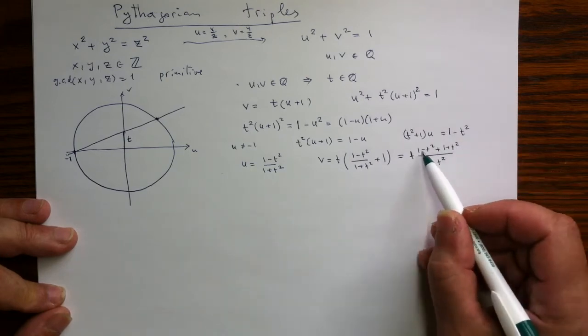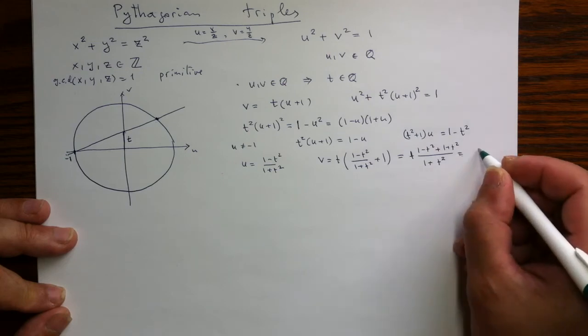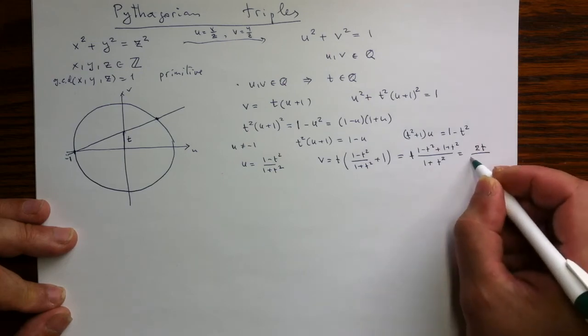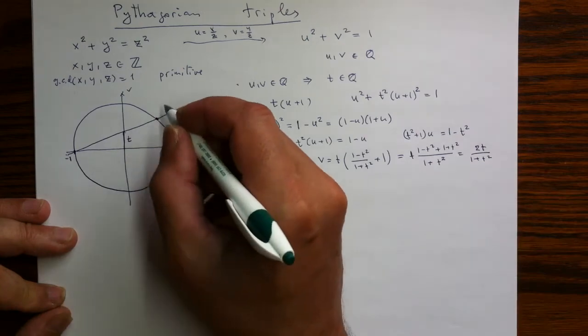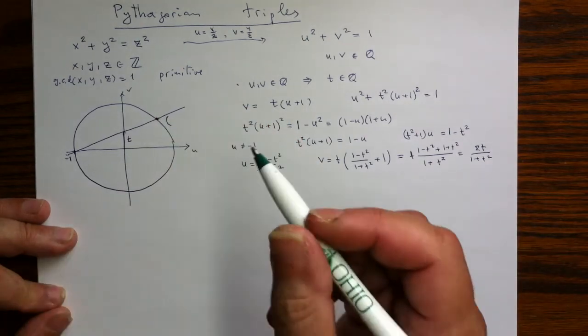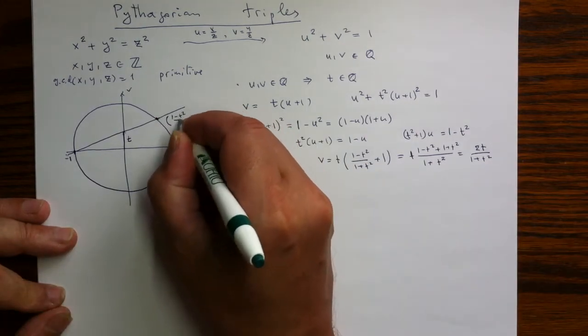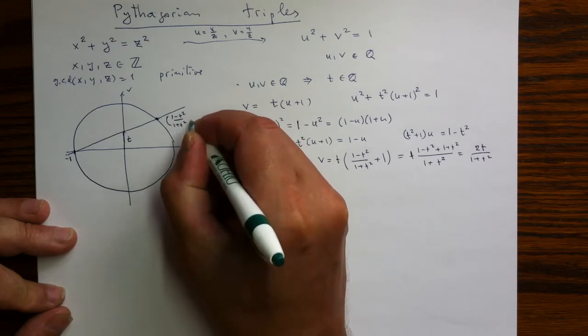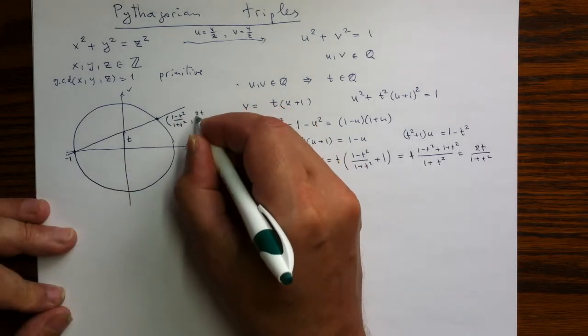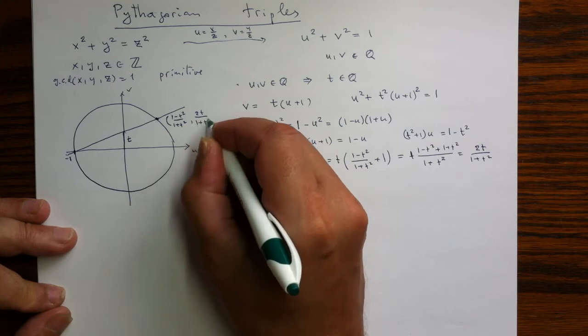And the cancellation gives us 2, so the total is 2t over 1 plus t squared. And these are the coordinates of the point. So the u coordinate is 1 minus t squared over 1 plus t squared. The v coordinate is 2t over 1 plus t squared.